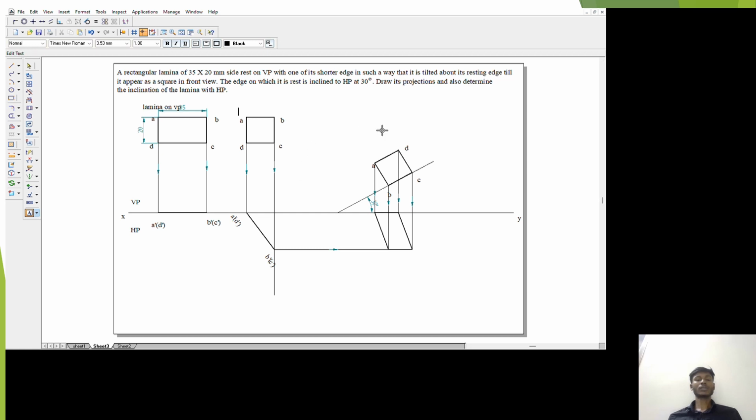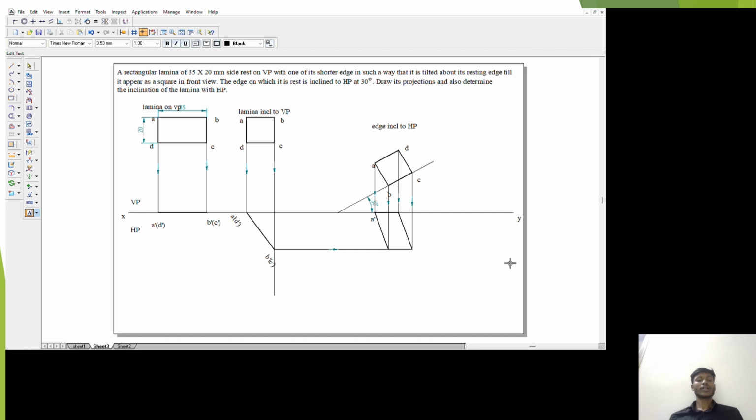Then take a pentagonal lamina of 25 mm side placed on HP. Take a pentagon and draw a 25 mm line, and then go to the respective command line, draw 25 mm and make a pentagon and project the line towards HP, and don't forget to mark arrow ends.